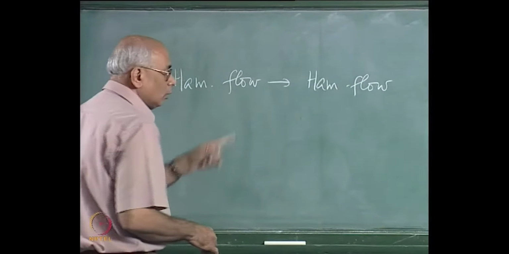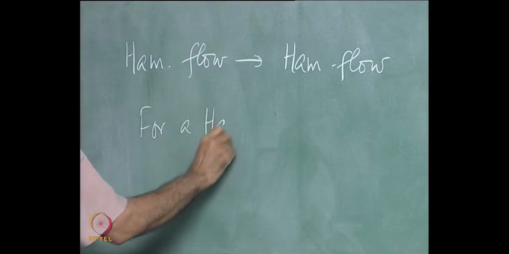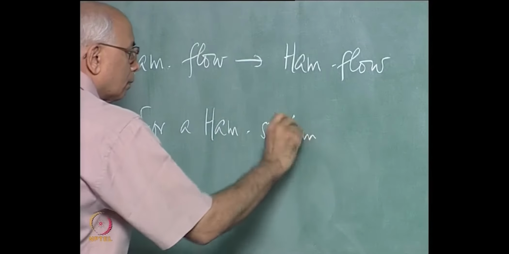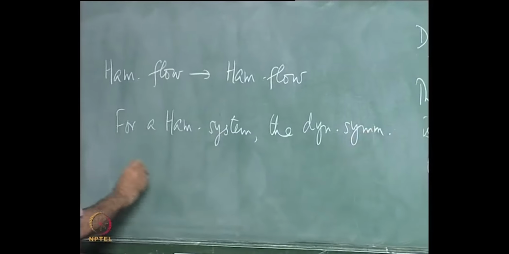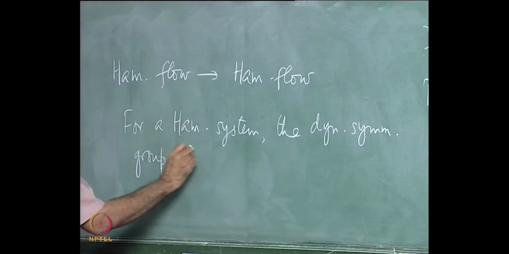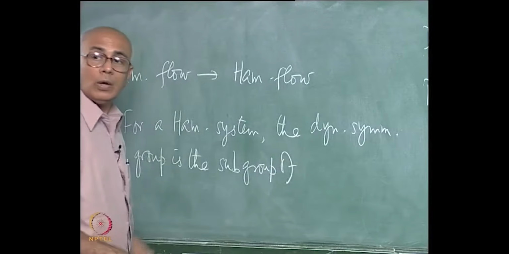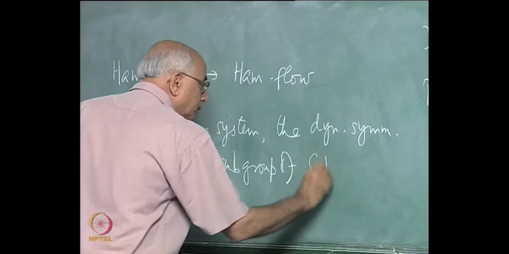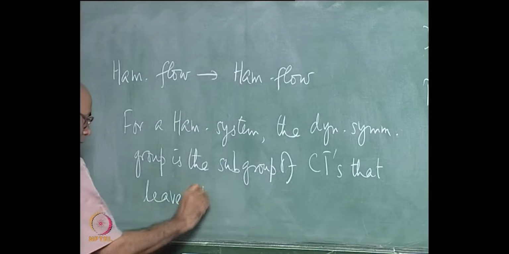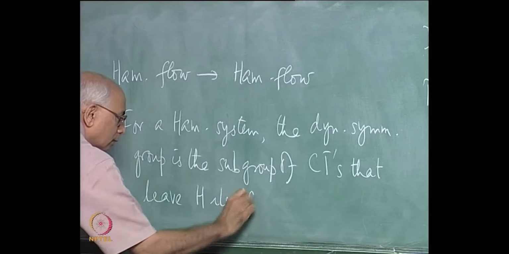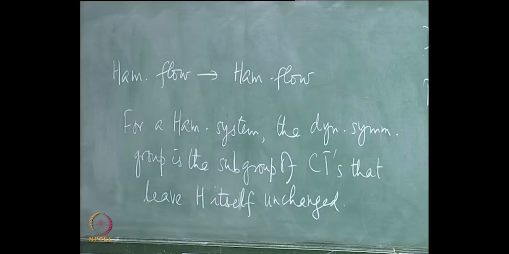Therefore, for a Hamiltonian system, the dynamical symmetry group is the subgroup of canonical transformations that leave H itself unchanged.